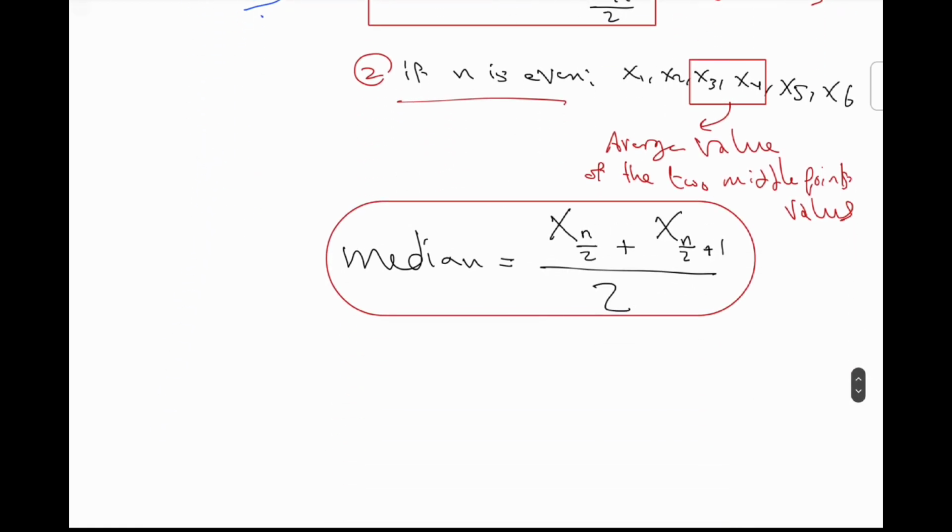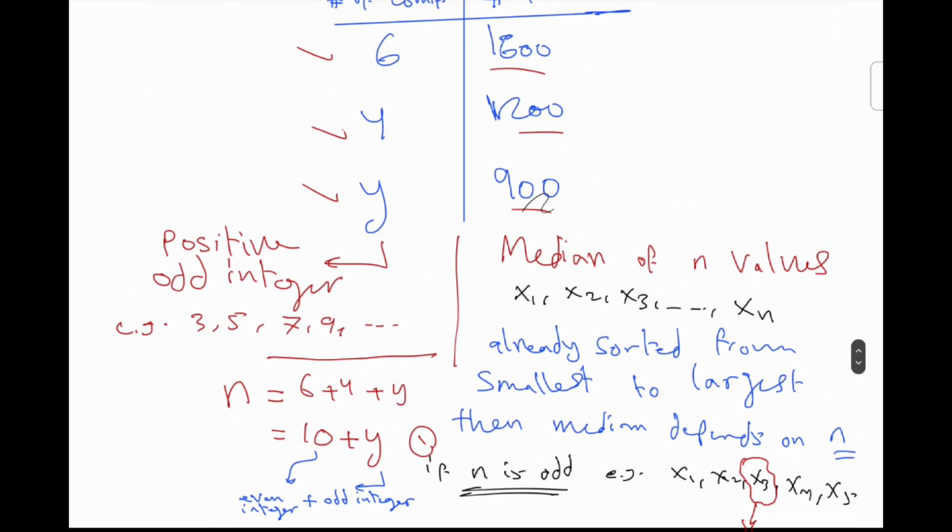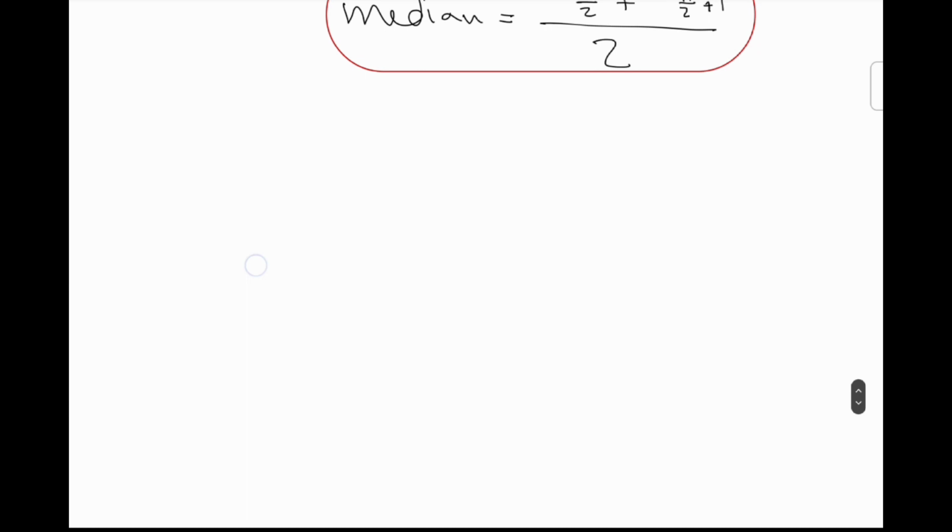Now remember, to find the median, we have to sort all the data. We have to sort all the prices from smallest to largest. So we sort first the 900s. We have y 900s, we have 4 1200s, and we have 6 1600s.